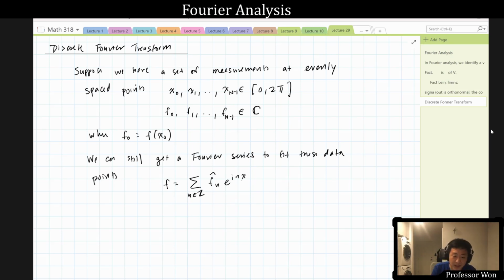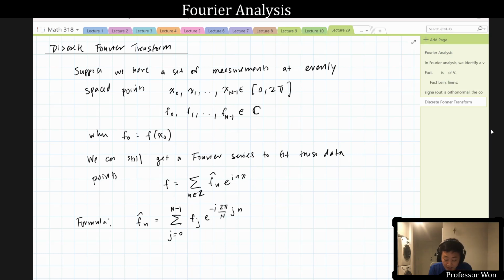Again, it doesn't matter, that's just a matter of scaling. And the formula is fn hat is going to be the sum from j equals 0 to capital N minus 1 of this fj. So this is a sum over all of the data points that I've collected. I do fj times e to the negative I 2 pi over n j n.